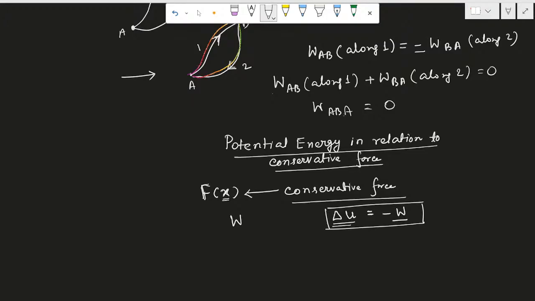We know one concept, that is W, from the concept of work done by a variable force.